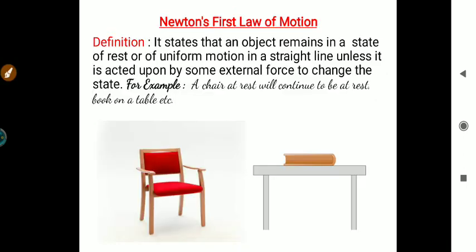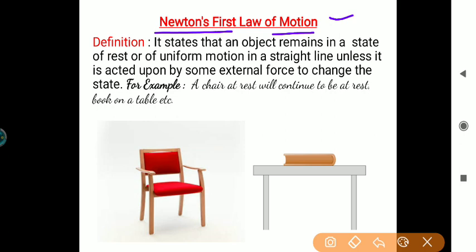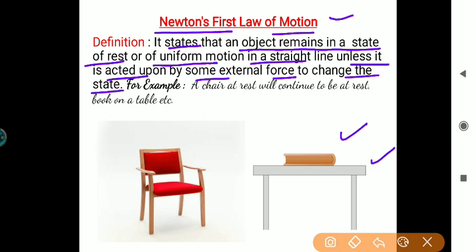Next is Newton's first law of motion. According to the first law of motion, an object remains in a state of rest or of uniform motion in a straight line unless it is acted upon by some external force to change the state. Suppose there is a book on the table.